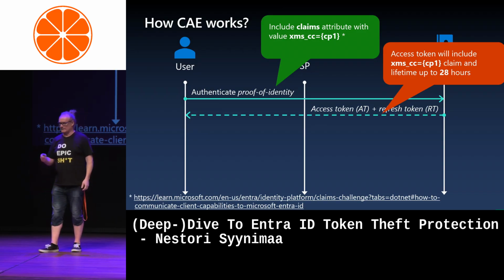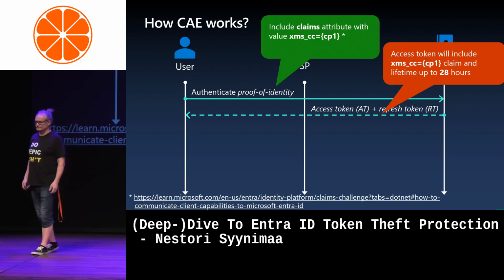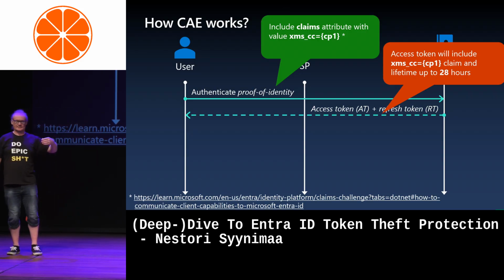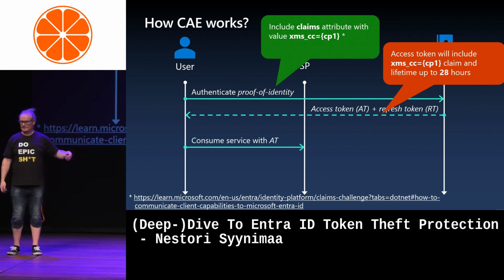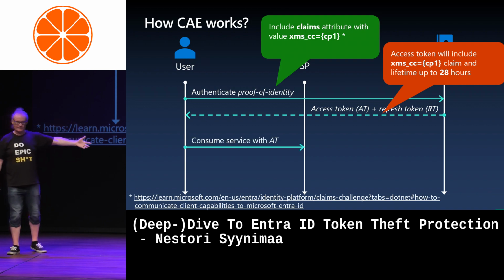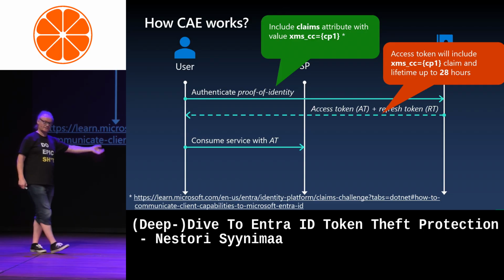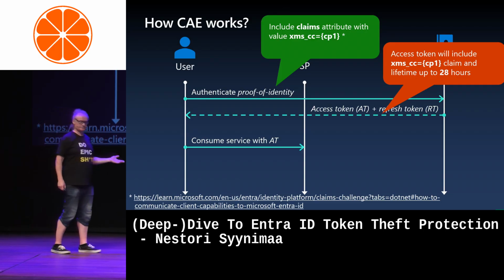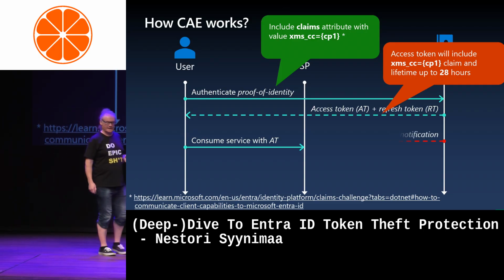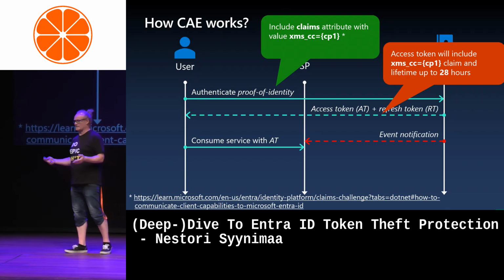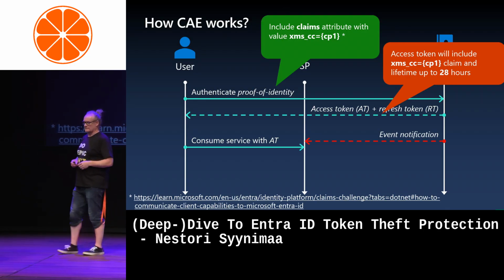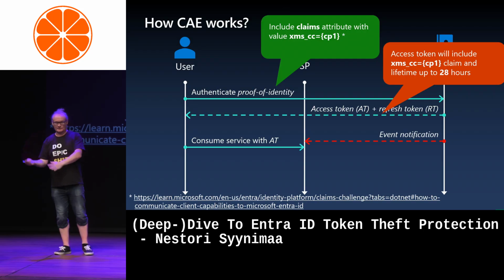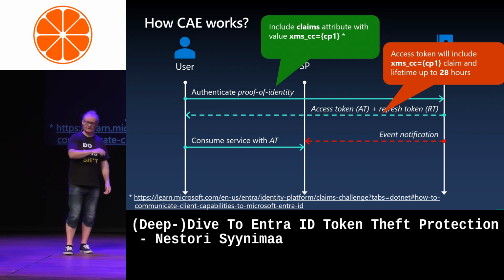And it also has that XMS_CC equals CP1, so that when you use that access token, Exchange Online, for instance, knows that this client now supports this KAI. Now, if something critical happens, like a user's password is reset, Entra can tell Exchange Online that a password reset was done.